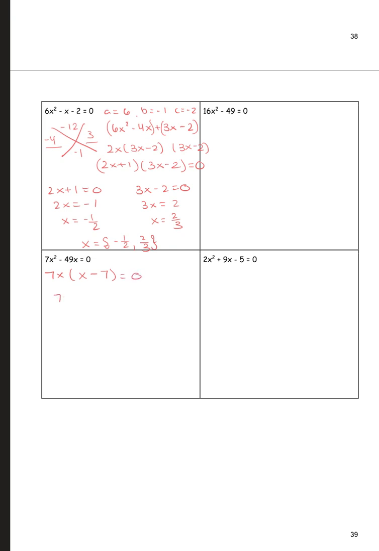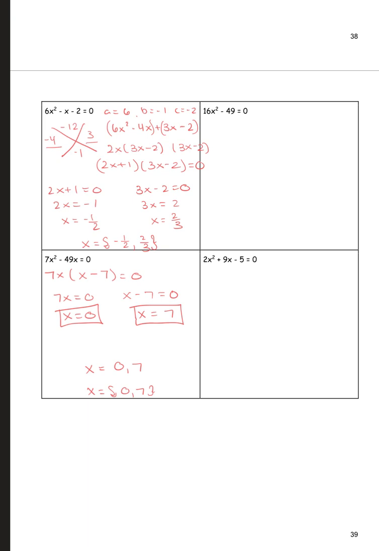So again, setting 7x equal to 0 and x minus 7 equal to 0. Dividing both sides by 7, we just get 0. Adding 7 to both sides, we get x equals 7. So our solutions are x equals 0 and 7, or we could use the solution set of 0, 7.